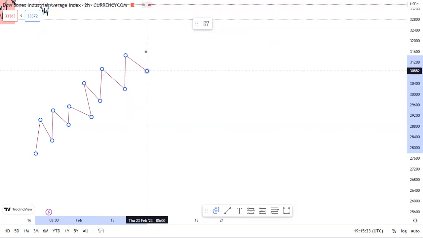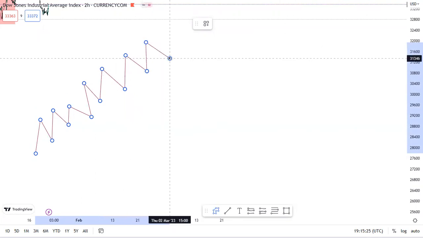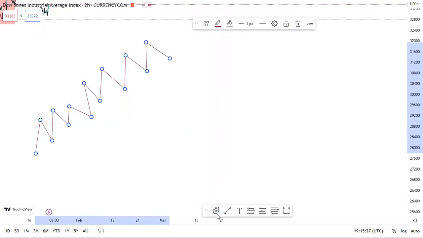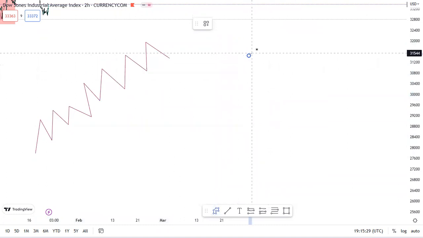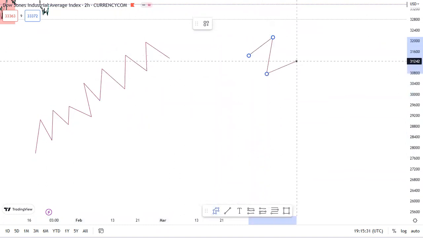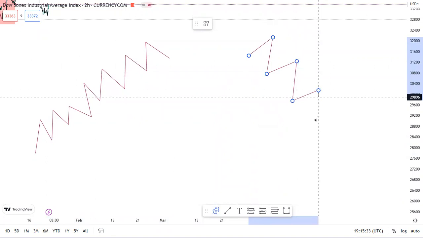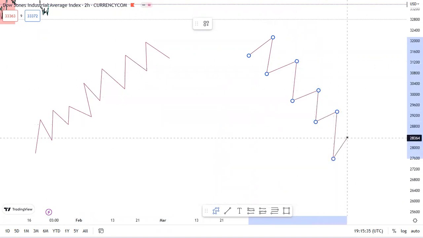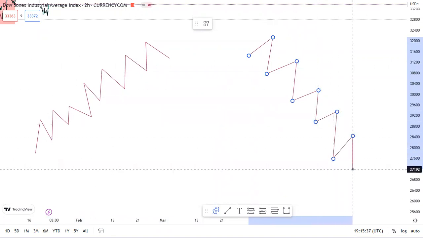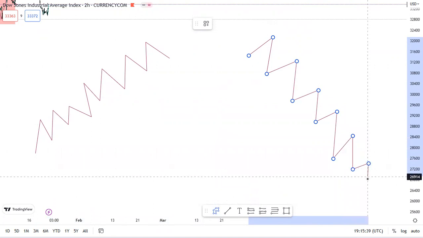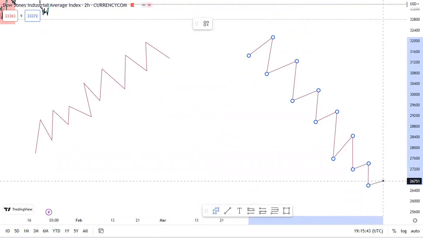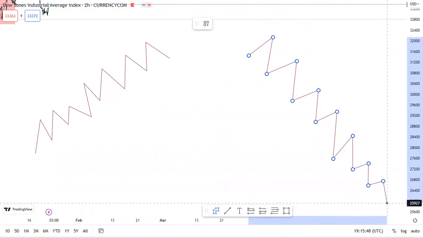So an uptrend, let's say this is an uptrend. Then we have a downtrend. These are things that I want you guys to pay much attention to, because you are going to be using these things every time when you want to trade. You're going to be looking for these things.